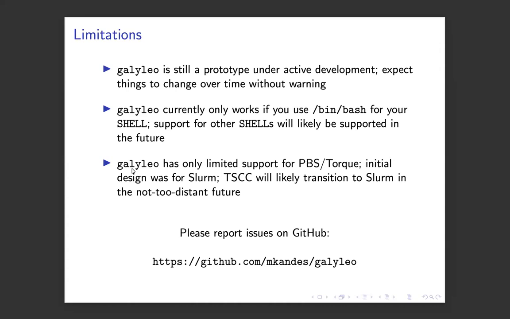So if you're using Z shell or T shell, Galileo probably won't work out of the box for you. I can show you if you have those shells. I can probably give you some modifications that will help you launch your Galileo jobs.